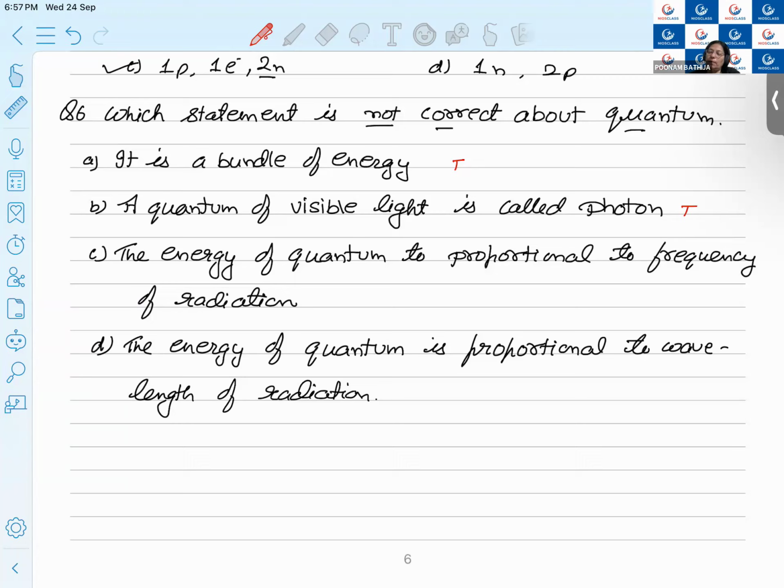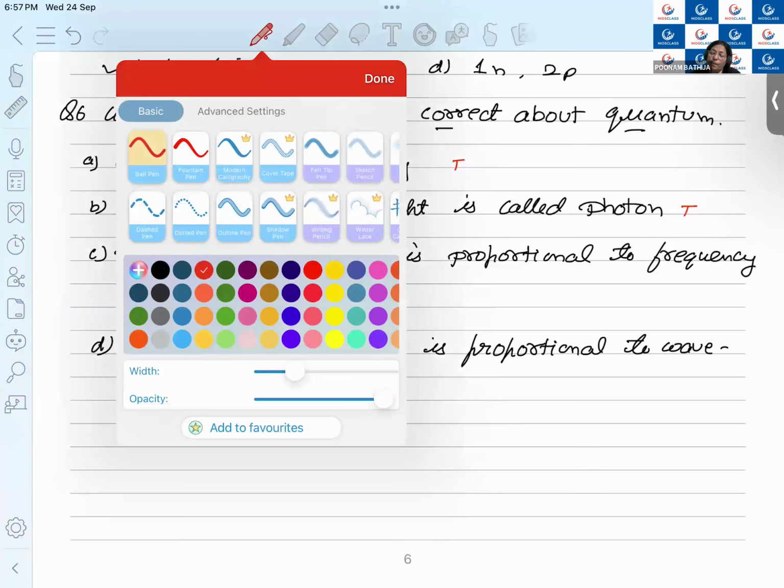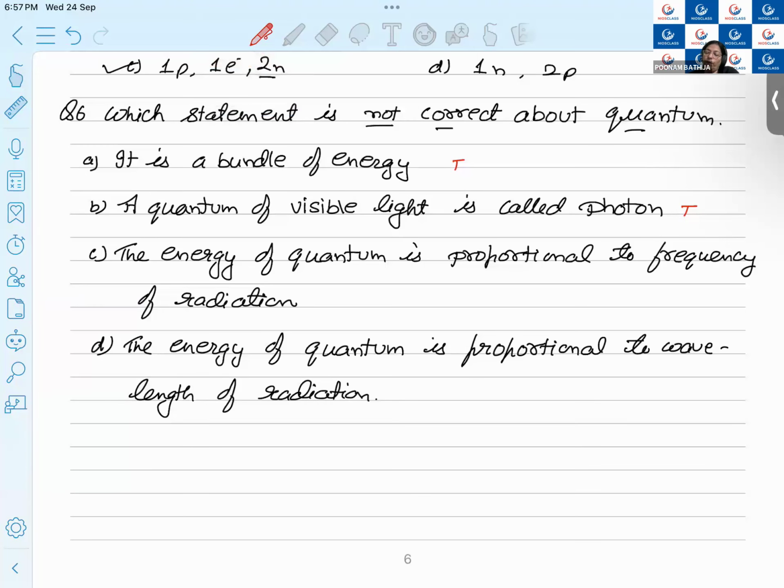The energy of quantum is proportional to frequency of radiation. Look, the expression for the quantum is E equals h nu, where h is Planck constant and nu is frequency. So this statement is also true.